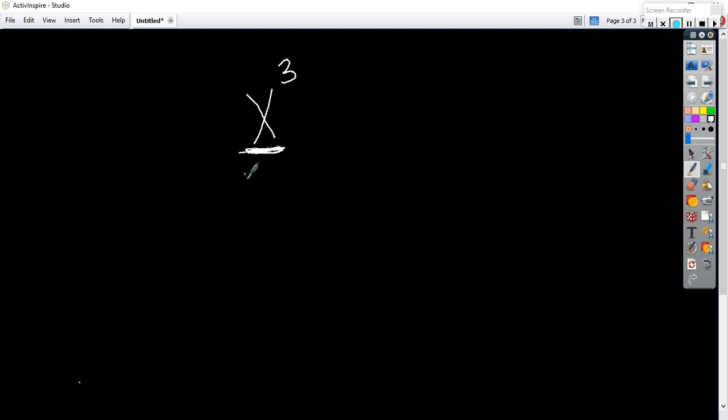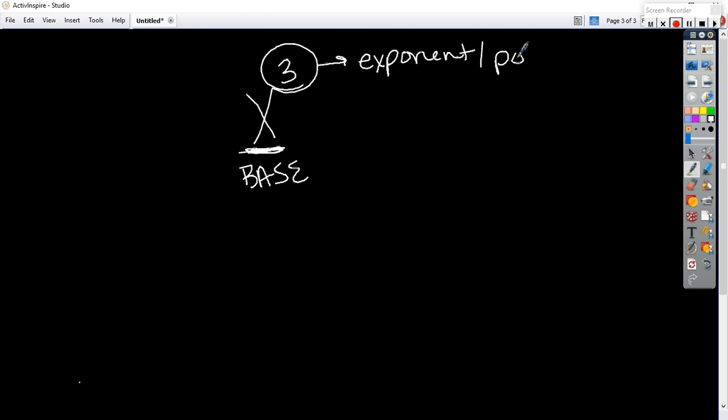The base. That's the base. And the 3 is the exponent or power. That's right. So this is an exponential term, and we will encounter a lot of those.